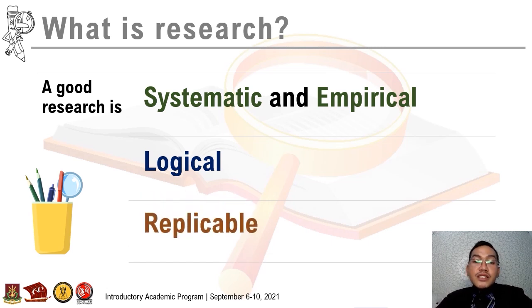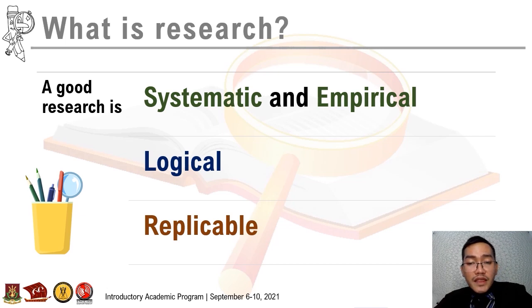Further, a good research is logical because it follows the conventions of sound reasoning. We base our conclusions on what the data reveals. Simply put, our claims are backed by empirical data. And finally, a good research is replicable because it is transparent in all aspects, especially the methodology part. We disclose everything that we do in our research so that other researchers can repeat it.